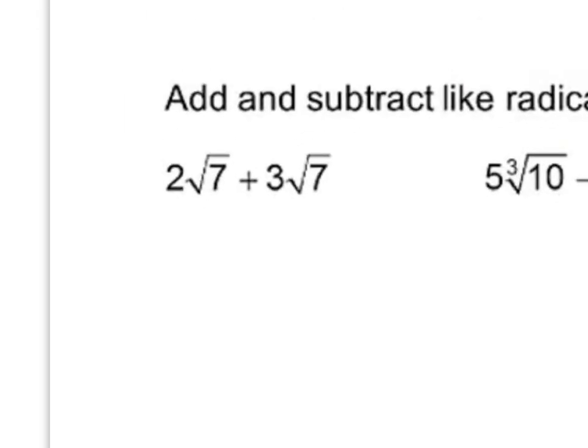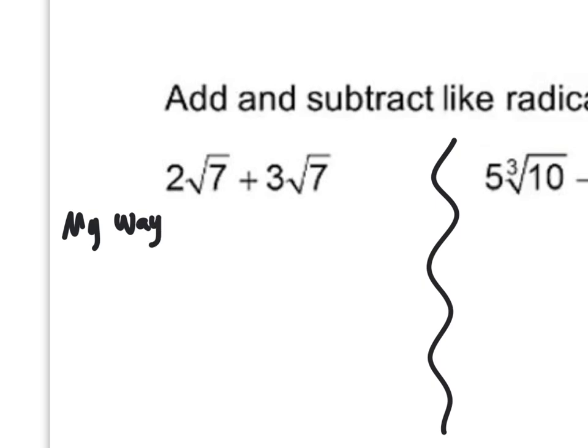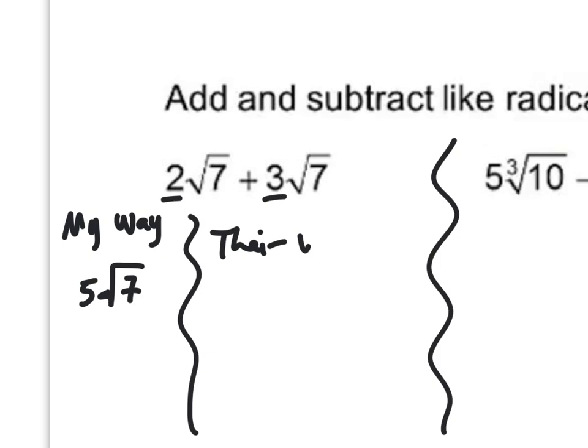Now, if I were to add 2 times the square root of 7 plus 3 times the square root of 7, I'm going to do this a couple of ways. I'm going to do it my way: take the 2 and the 3, add them together, which gives you 5 times the square root of 7. Pretty simple. Their way means that you take 2 times the square root of 7 plus 3 times the square root of 7 and factor out a square root of 7.